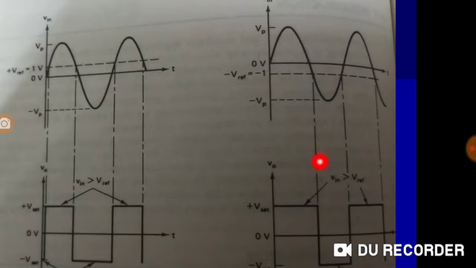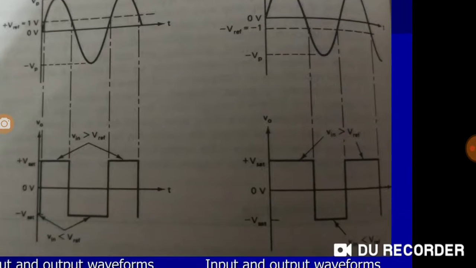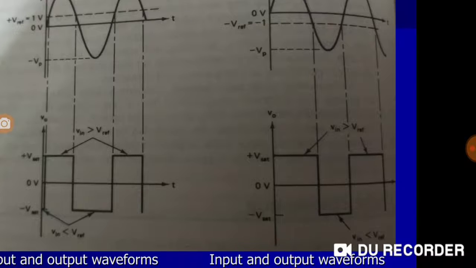Again, the output will always switch from plus Vsat to minus Vsat. Only the duration will depend on the reference: when the input signal becomes higher than the value of the reference, it is plus Vsat, and whenever the value is below V reference, it will be minus Vsat.